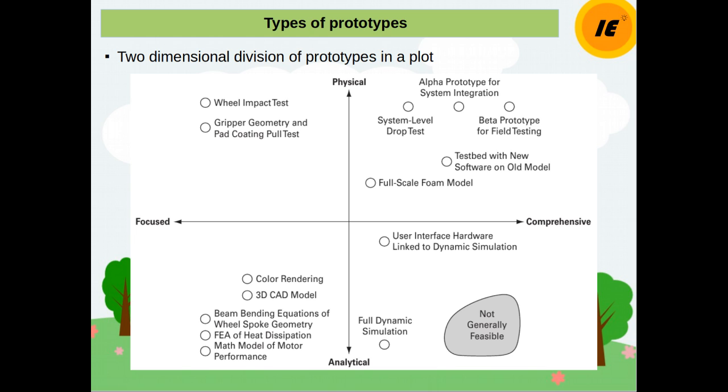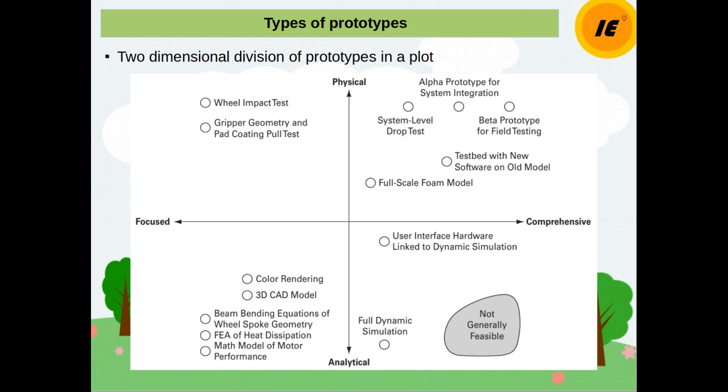It's the next step, where you studied the mathematical model in a focused and analytic prototype, and now you want to test it in a physical way. Here also you remain focused, because you are not talking about the whole robot but just the wheel of it. You make a physical version, maybe through 3D printing or the conventional way, and you do the testing.